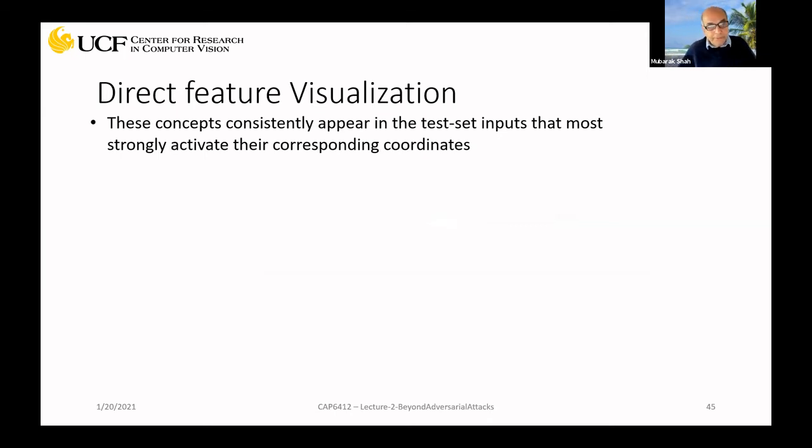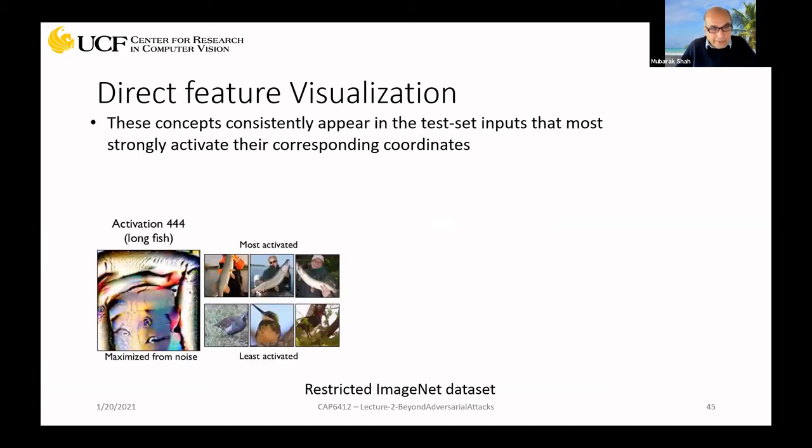So these concepts appear consistently in test input images that most strongly activate their corresponding coordinates. And we can look at the restricted ImageNet data set.